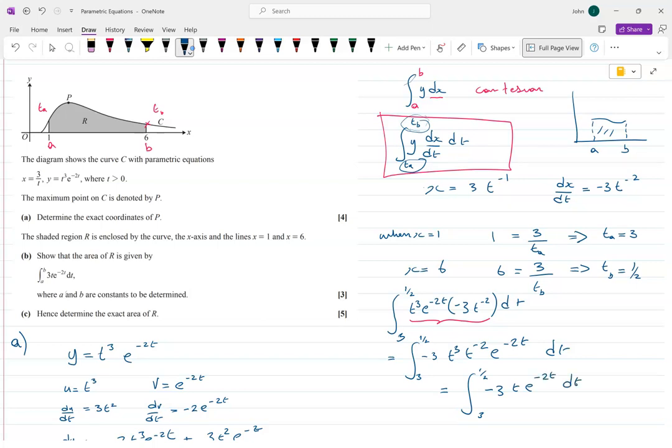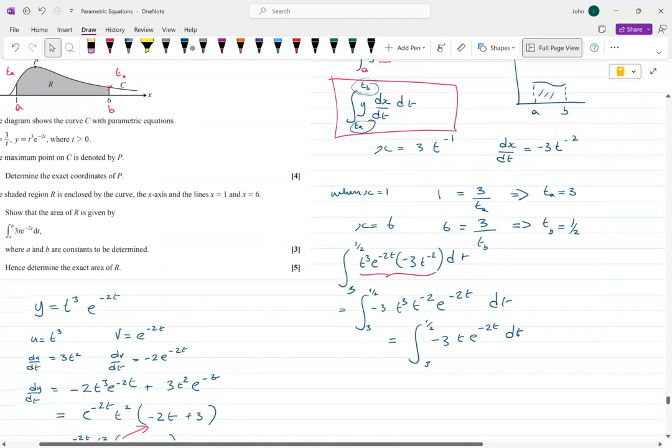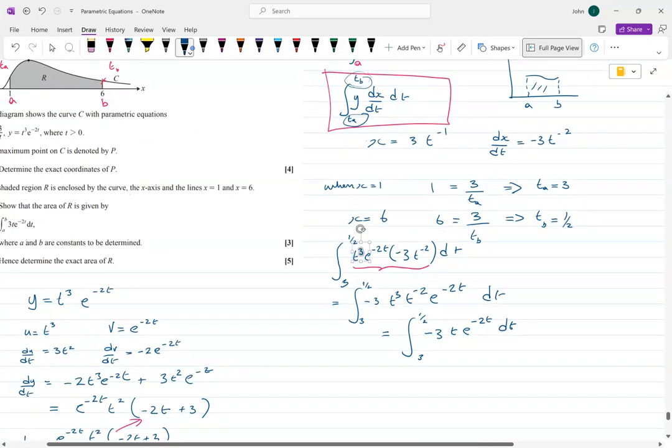Now, what I found in class is that most students, if they got this far, which is normally pretty okay, then fudged it and just pretended the negative wasn't there. But we've really got to use the fact that if we swap the limits around of a function, we can do that, because if you think about it, that's whatever F(B) minus F(A) is.